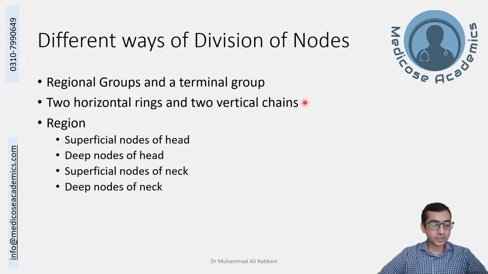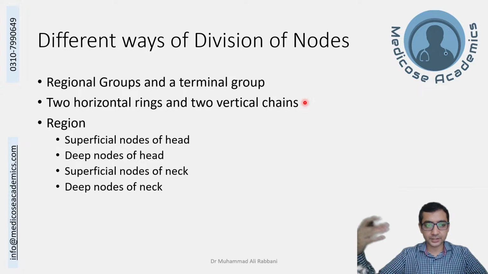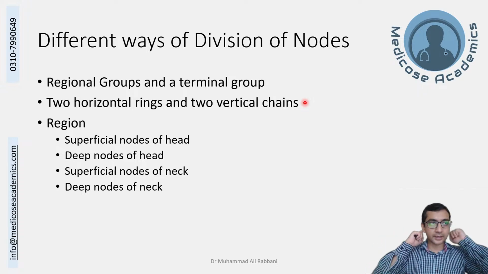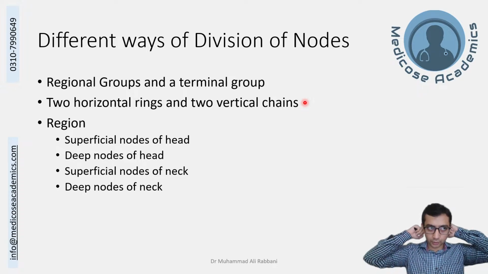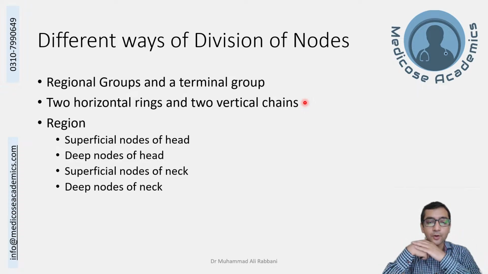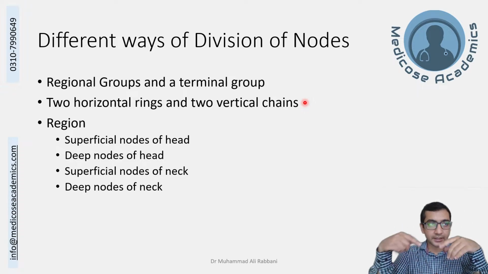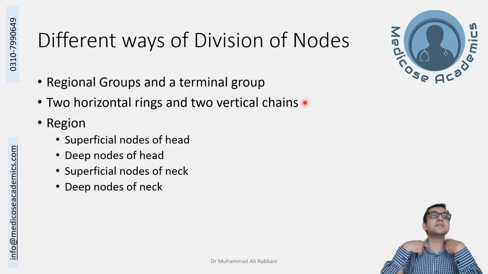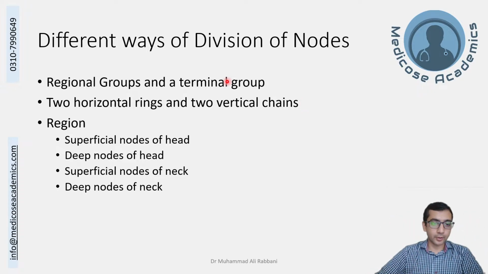Usually a regional approach is taken, where we talk about the nodes behind the larynx, behind the pharynx, retropharyngeal, and region wise. And sometimes we talk about the horizontal rings, the ring on the facial aspect. There is a ring of lymphatics, and there is another ring inside, and there are vertical chains, the deep cervical nodes. We will talk about them.